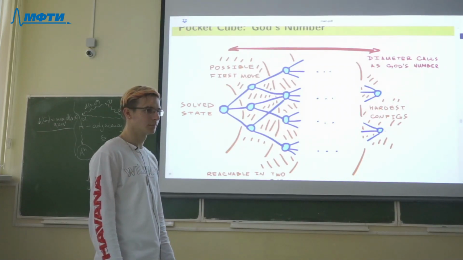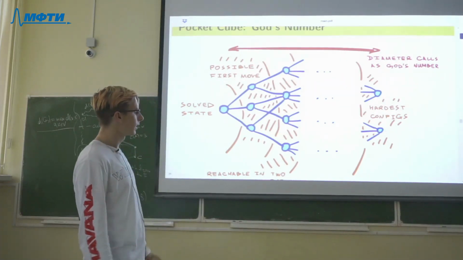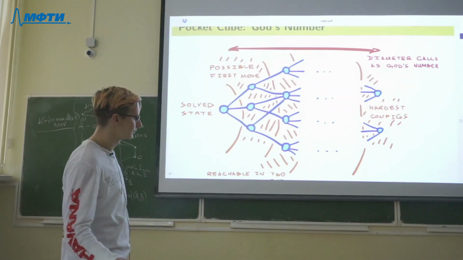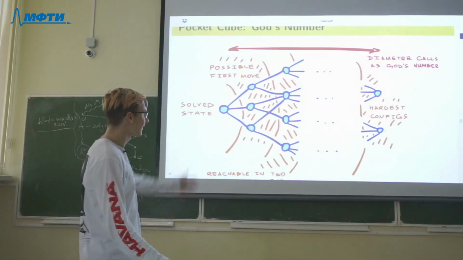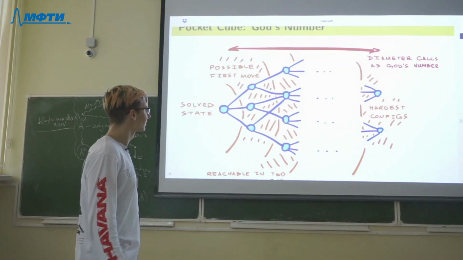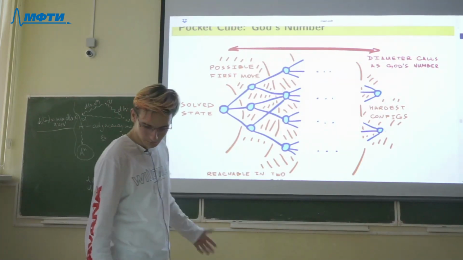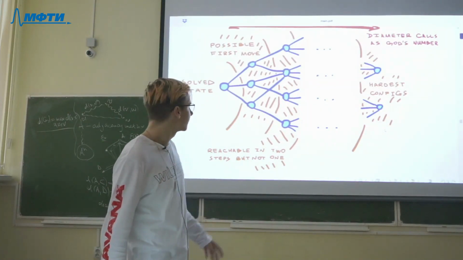Oh, sorry, not 12, 20. And it's interesting that we have billions of vertices, but the diameter is equal to 20.